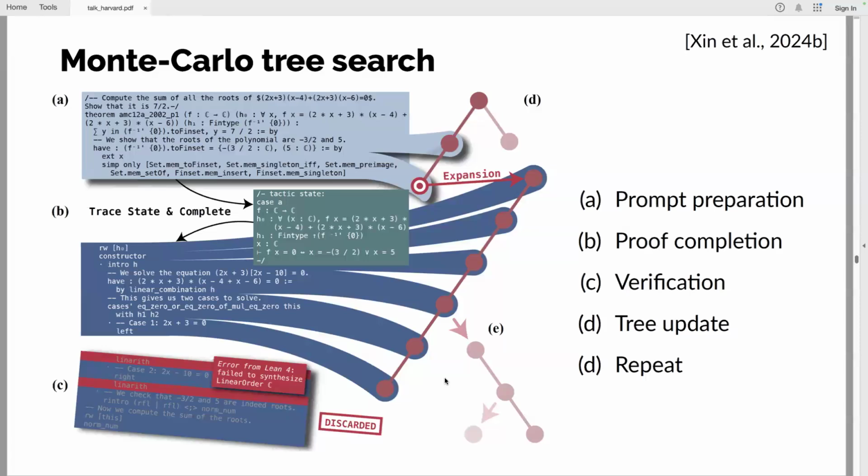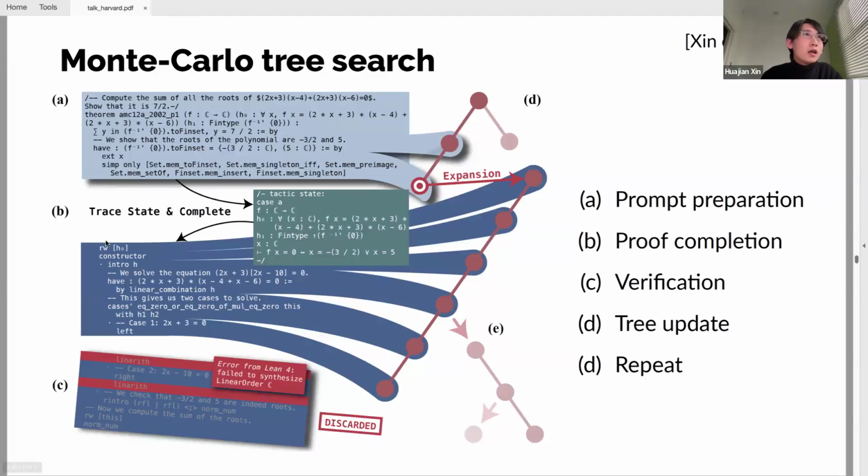But I guess what is different is you're generating multiple tactics at the same time. So is your action still individual tactics, in the sense of Monte Carlo tree search? Are those actions individual tactics, or are they like generating another proof based on a previous proof?